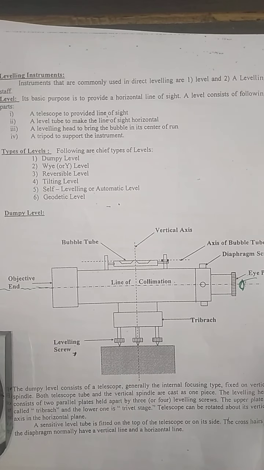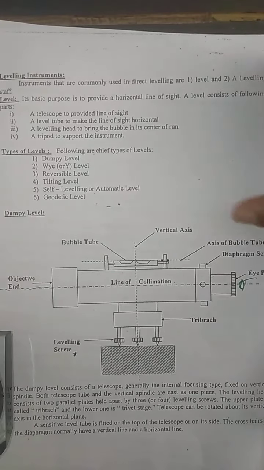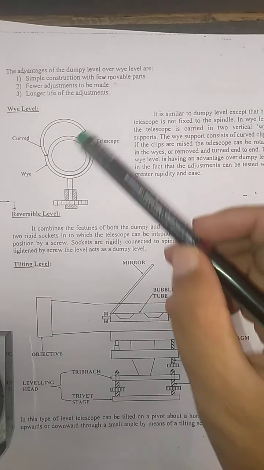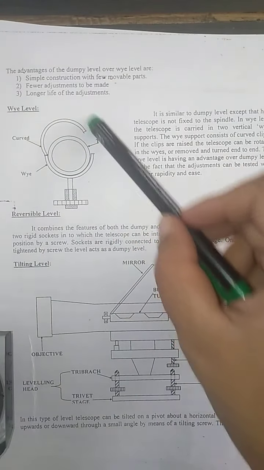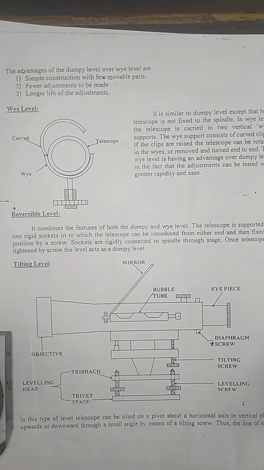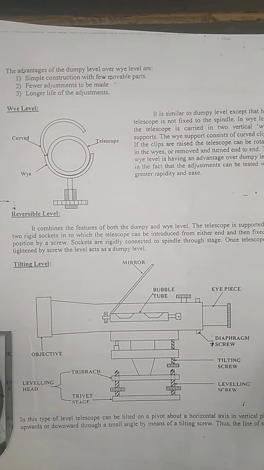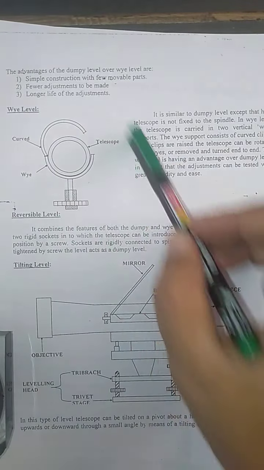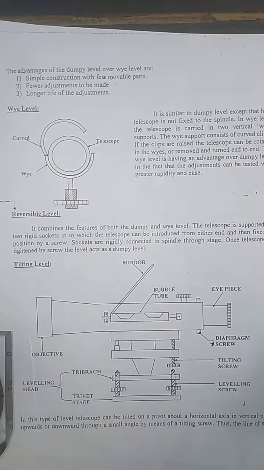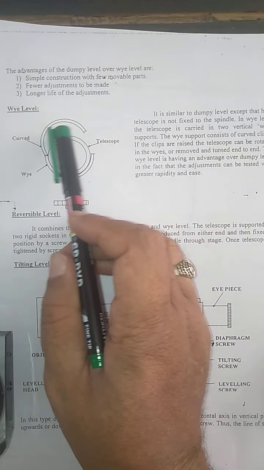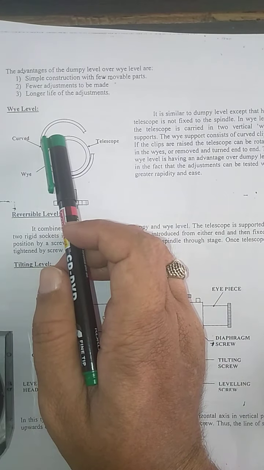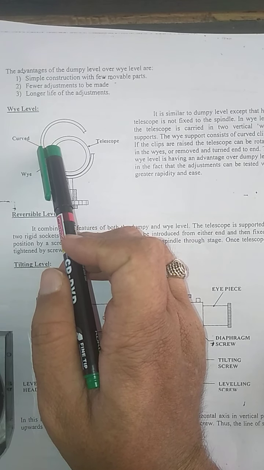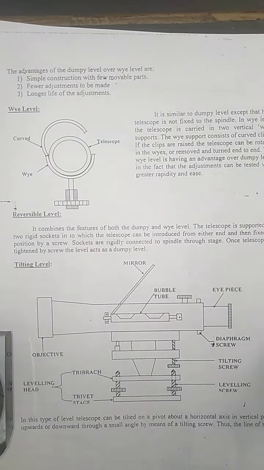The Y support consists of curved clips. If the clips are raised, the telescope can be rotated in the Y's, removed, or turned end to end.